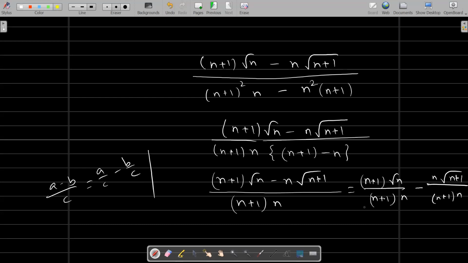Now we have some cancellations. n plus 1 cancels here, and n cancels there, so I'll get 1 by root n minus 1 by root n plus 1. In fact, there are many ways you can simplify and reduce it to this form, so it's fine if you have done it by some other technique.